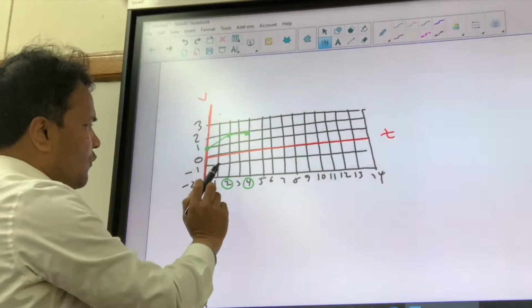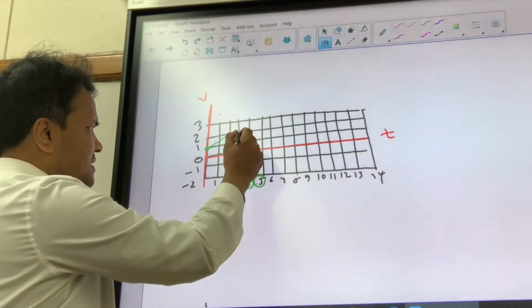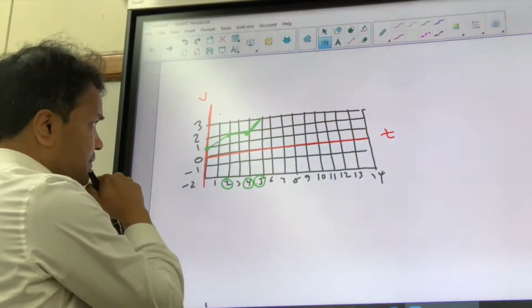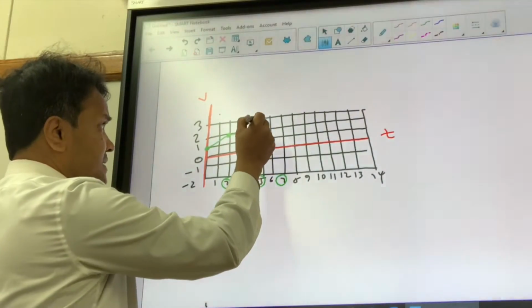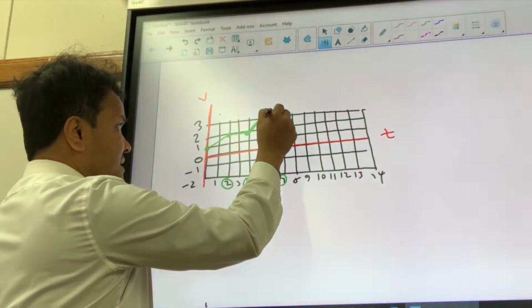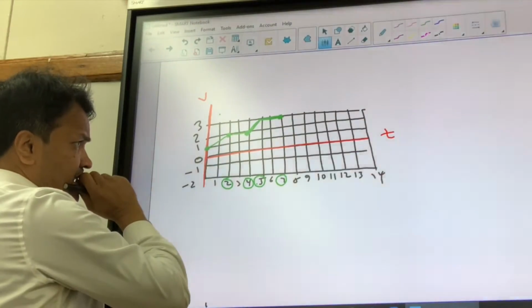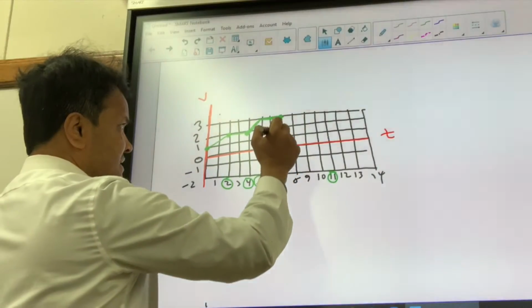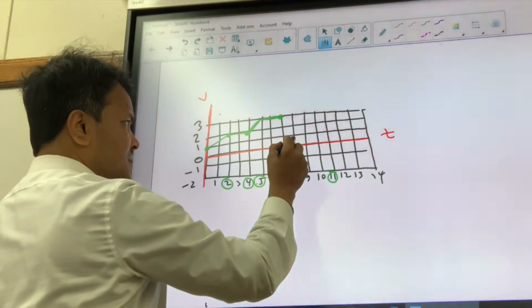And from 4 seconds to 5 seconds, let's say the object increases its velocity. From 5 seconds to 7 seconds, let's say the object keeps its velocity constant. From 7 seconds to, let's say, 11 seconds, the object first decreases its velocity to 0.